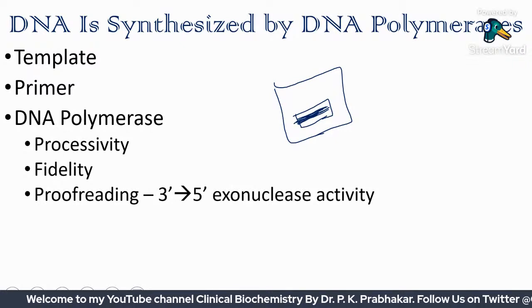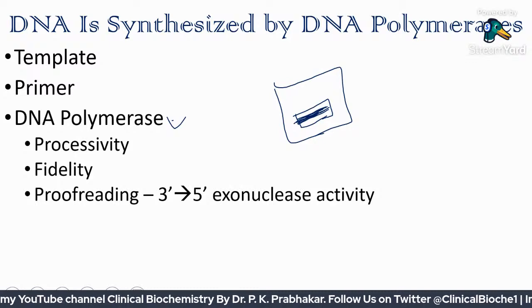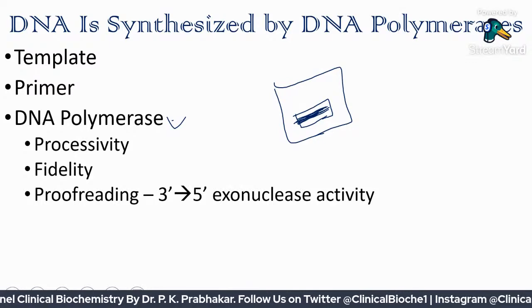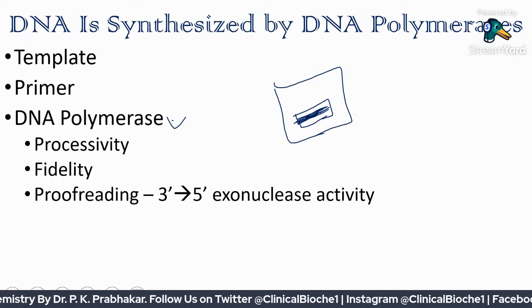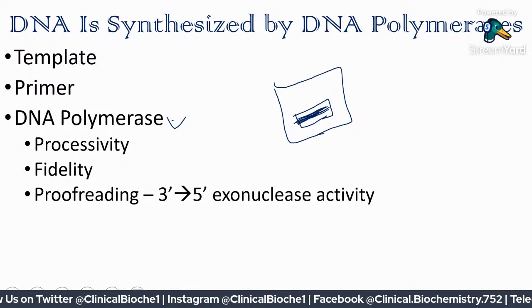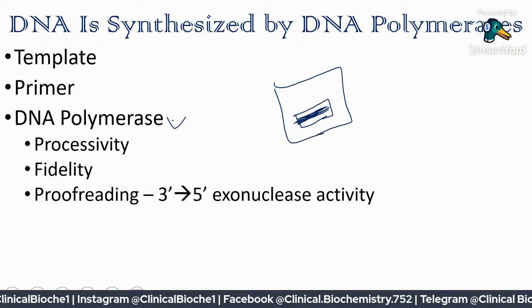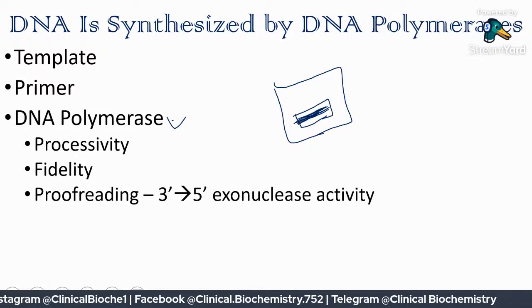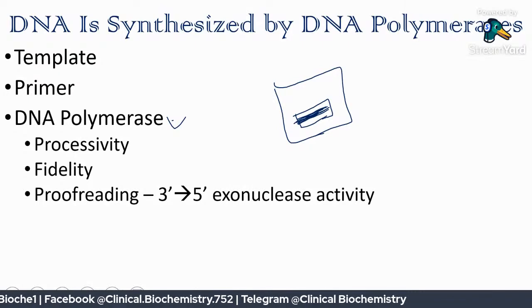So similarly for DNA polymerase also, one DNA polymerase cannot have infinite processivity, infinite न्यूक्लियोटाइड को वो ऐड नहीं कर सकता है. प्रोसेसिविटी मीन्स कितने न्यूक्लियोटाइड को ऐड कर सकता है एक नया पॉलीमरेज.